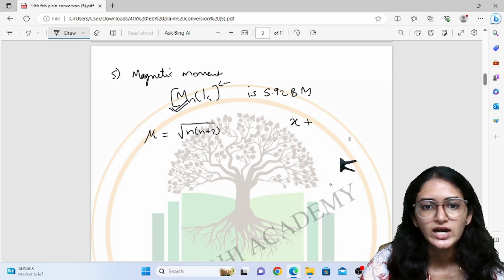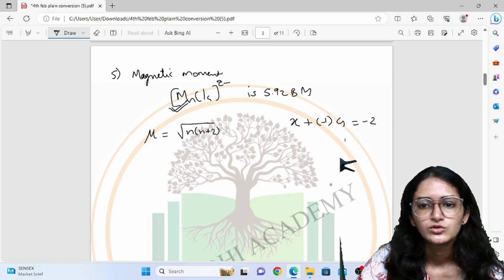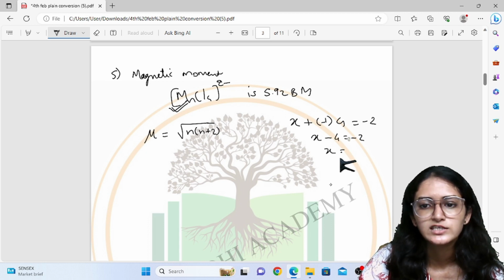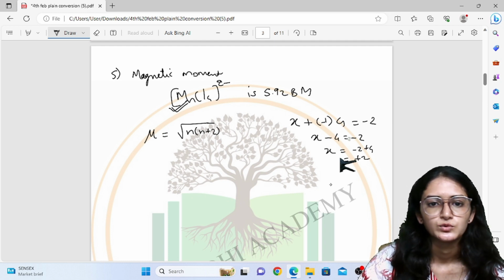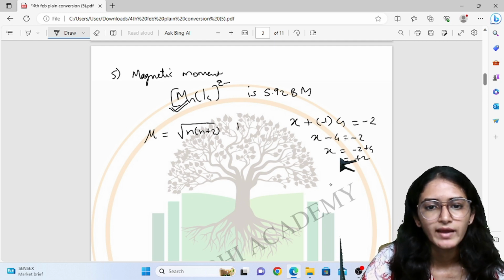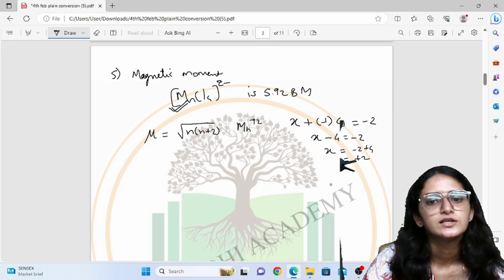Chlorine has what oxidation state? -1. So -1 into 4, because we have 4 chlorine, is equal to -2, because that is the overall charge. So this will give us X minus 4 is equal to -2. So X will be equal to -2 plus 4, which is equal to +2. So we got the charge on manganese as +2.